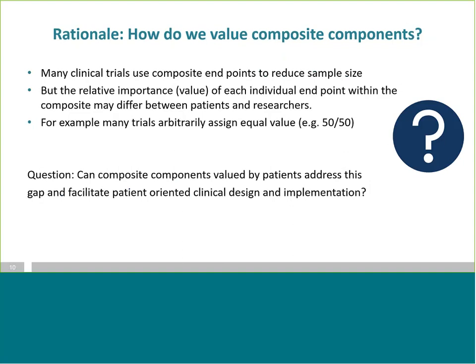So composites are being used to combine multiple outcomes into one. But the issue with them, when you look at how they're being used, is that they often effectively arbitrarily weight these outcomes. If you have two outcomes in a composite, they tend to just be assigned equal weight, so 50-50.